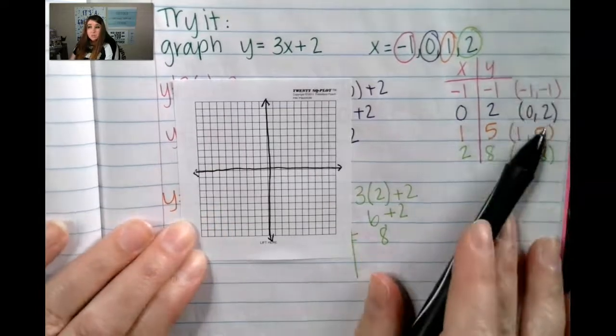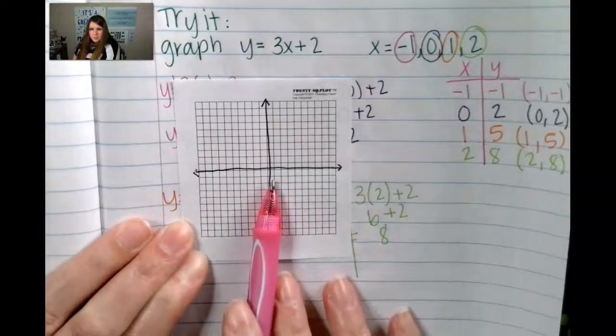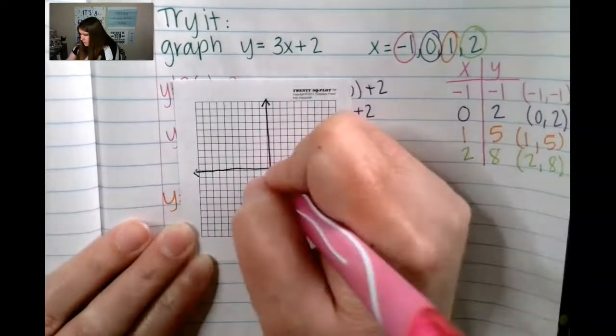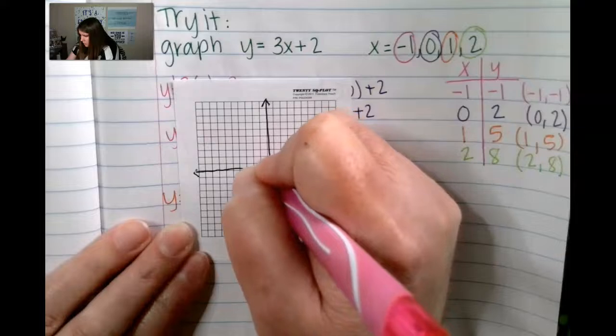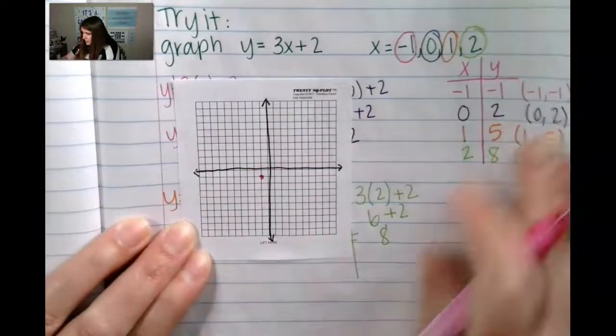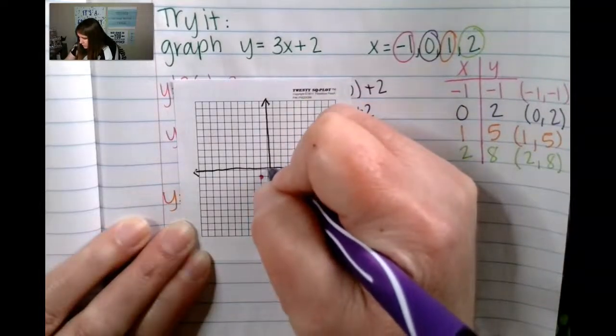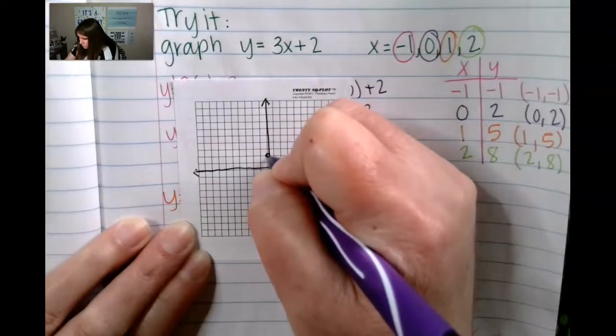If not, just do those ones. Or you can recount these, but that would be hard to count for the negatives. Okay, start at 0, 0. We're going to go over -1, -1, put our dot. The next one is at 0, 2. So 0 and then up 2, 1, 2.